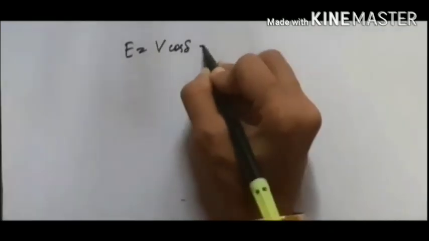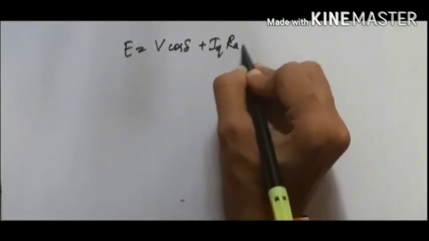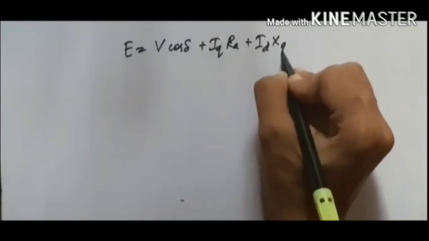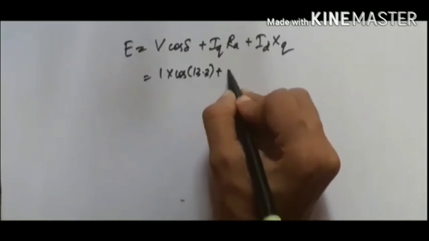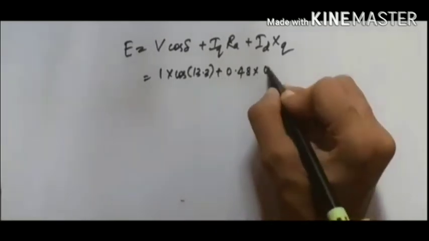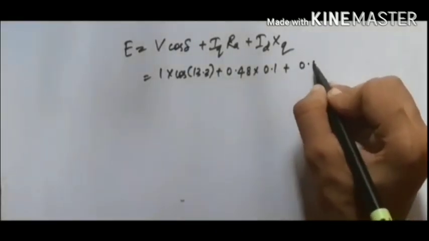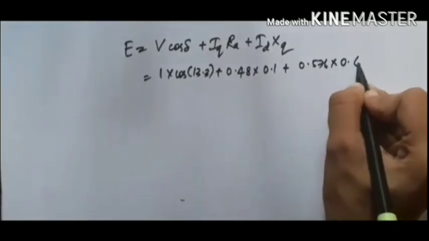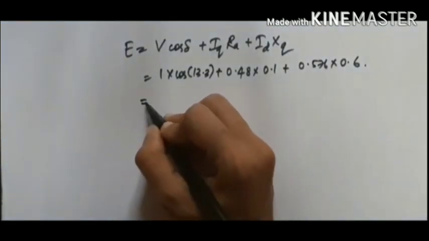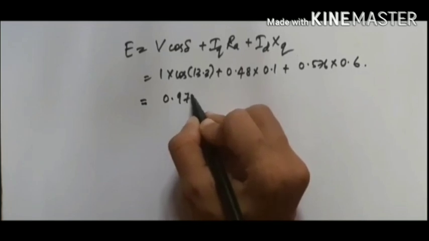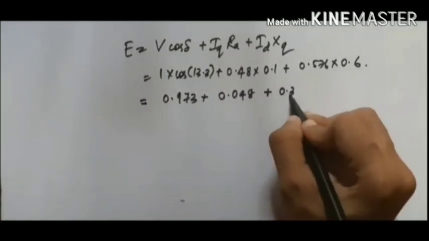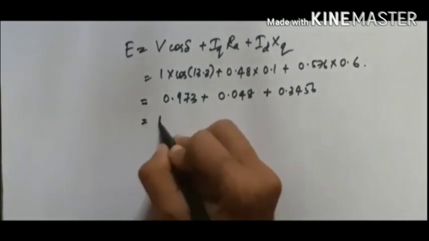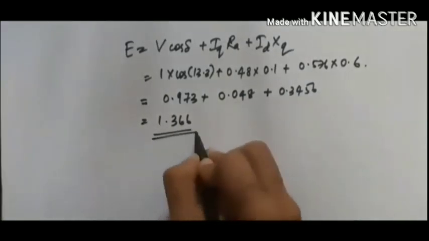Now substituting all these values in the equation, E is equal to V cos delta plus IQ RA plus ID XQ, that is equal to 1 into cos 13.3 plus 0.48 into 0.1 plus 0.576 into 0.6, which is equal to 0.973 plus 0.048 plus 0.3456, which is equal to 1.366.